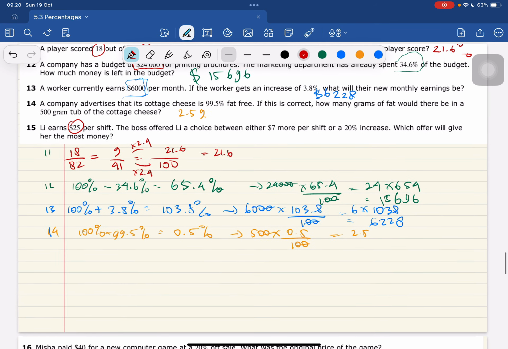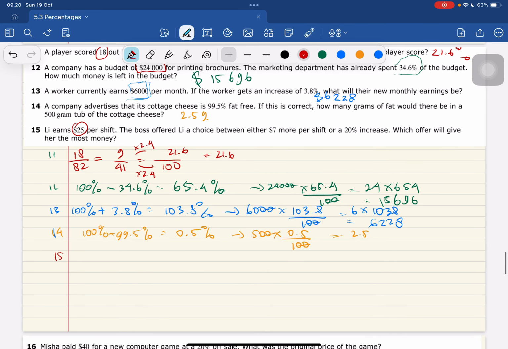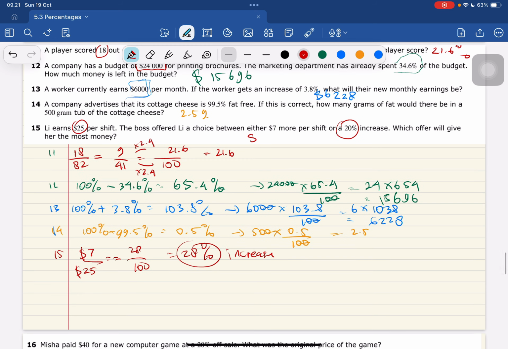So if this is $7 per $25, this is going to be over 100. Here is going to be 28. So this is a 28% increase. Look at it, 28 and 20%. So the offer that will give her the most money is $7 more per shift.